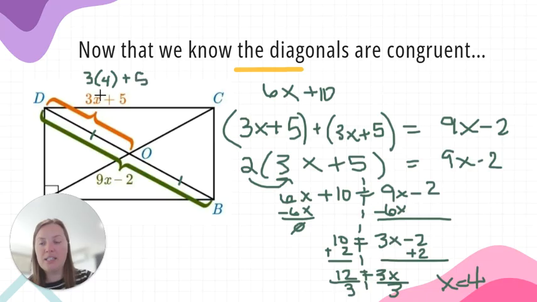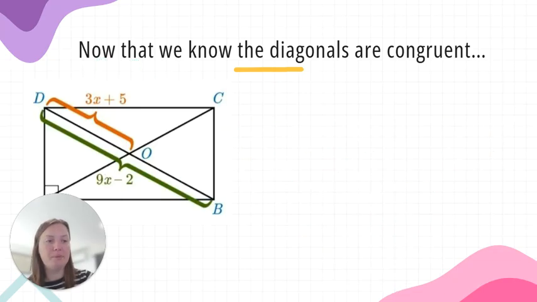I can replace x with 4 in 3x plus 5, and that gets 12 plus 5, which means our side length here is 17. For one part of our diagonal here, it's 17. For both of them, it would be 34. So let's write it right here, 34. And we can double check that by once again plugging in a 4.